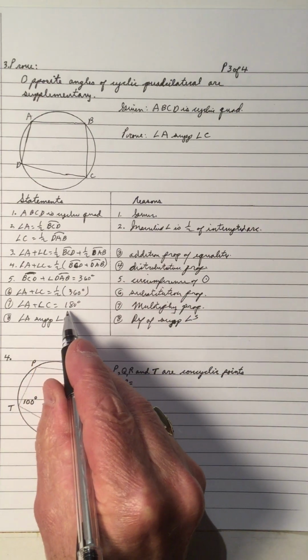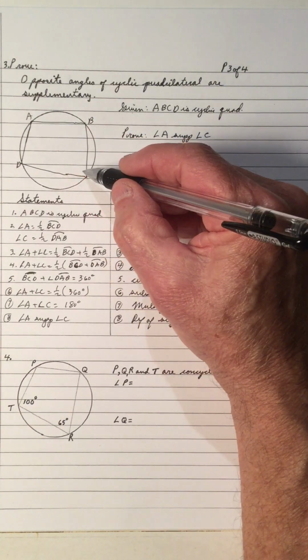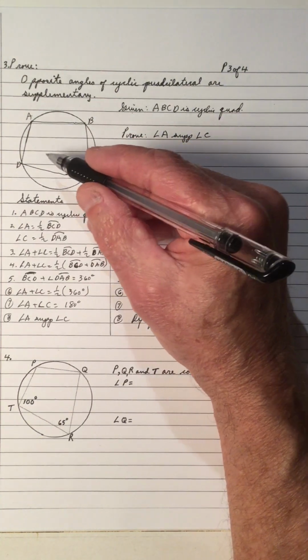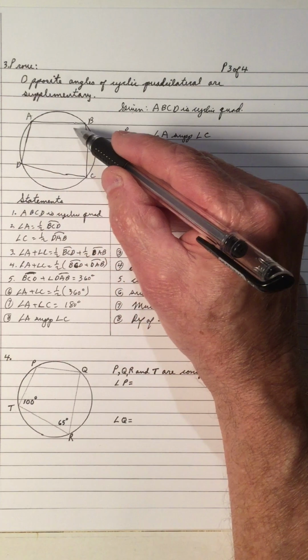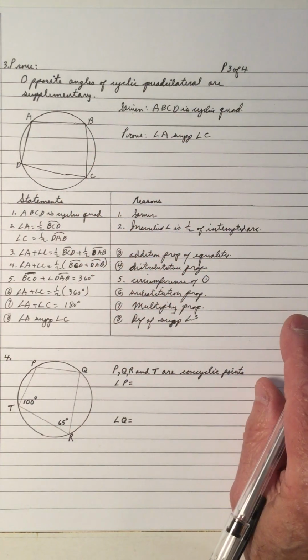Two angles that add up to 180 are supplementary. So I proved that angle A and angle C are supplementary. I would also do the same proof for D and B using the different arcs. So it's the same proof over again.